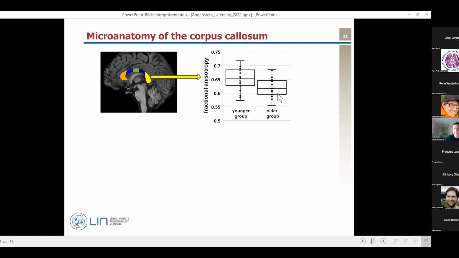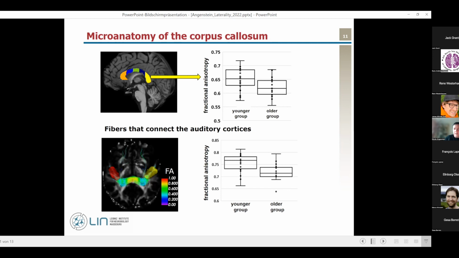And you can see that this measure is lower in older adults. This is an indication for a lower myelinization in this group, or a reduced number of fibers in this area. We then specifically looked at the fibers that connect the auditory cortices, and you can see that here the difference between the groups is even larger.